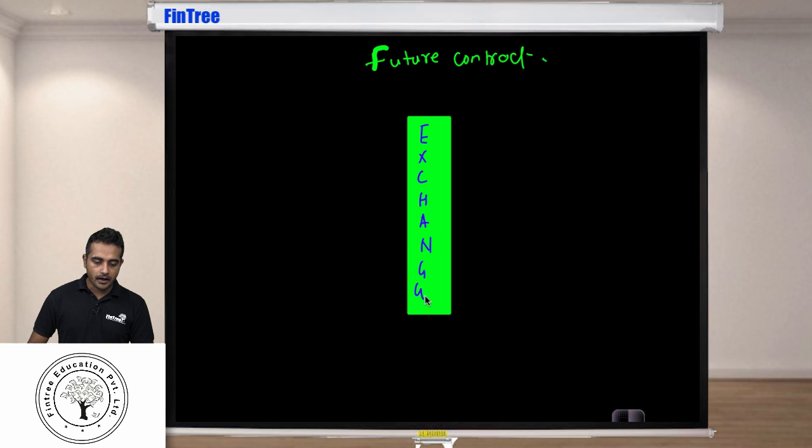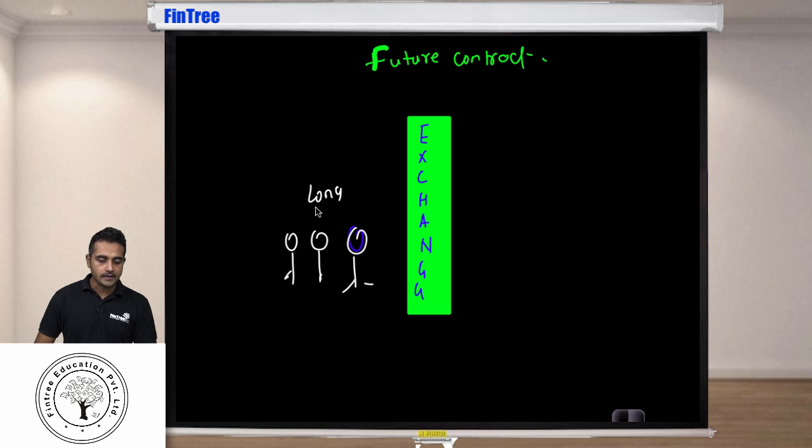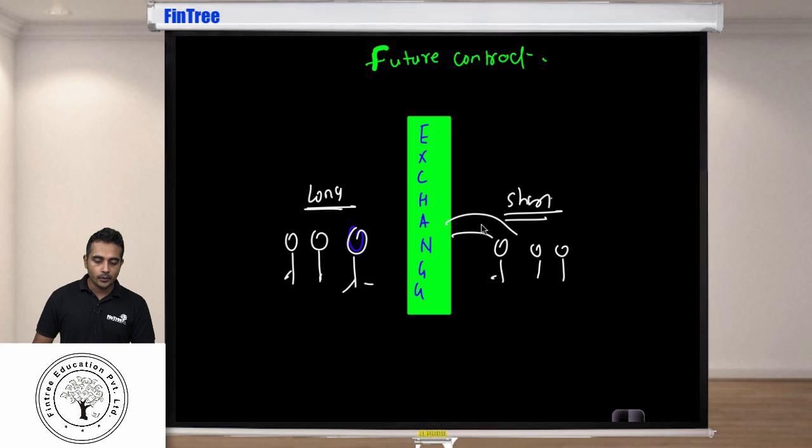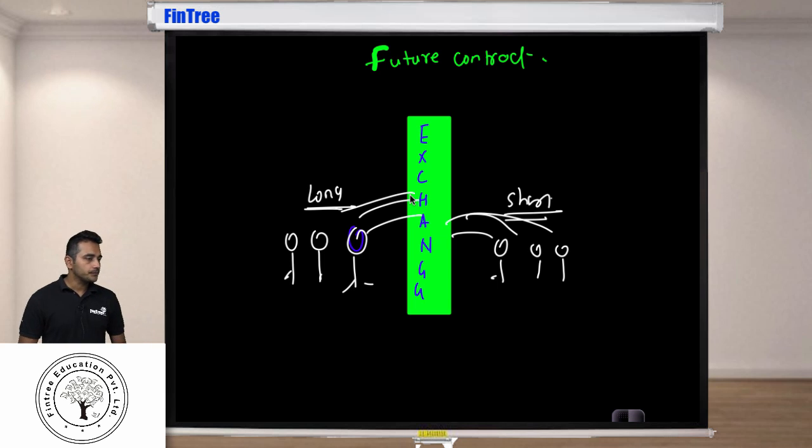And then all the parties which would want to take long position are on one side, all the parties which would want to take short position are on the other side. They are going to put their requests into the order book of the exchange. The same contract, but now it's going to be electronically mapped.